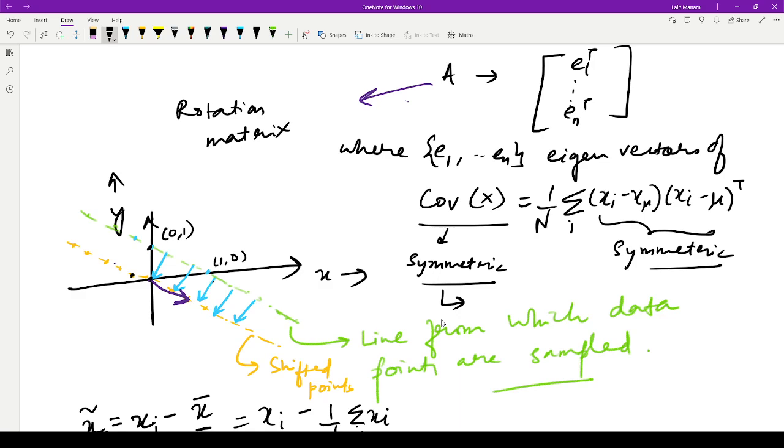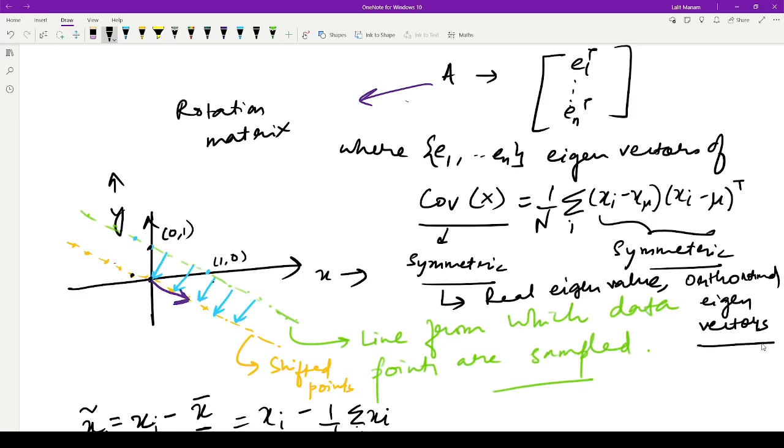A symmetric matrix will have real eigenvalues and orthonormal eigenvectors. Everyone agrees with this?